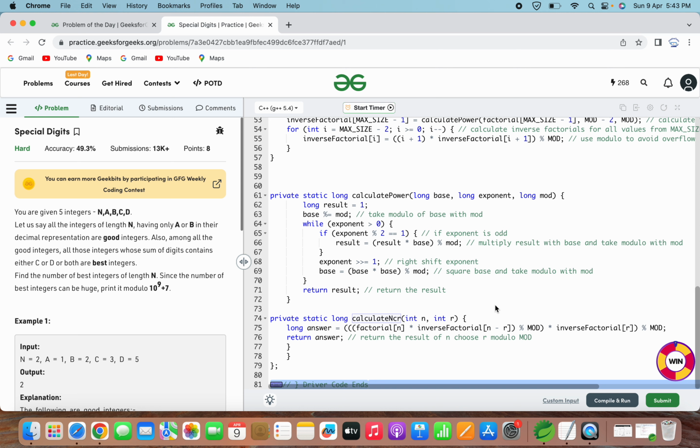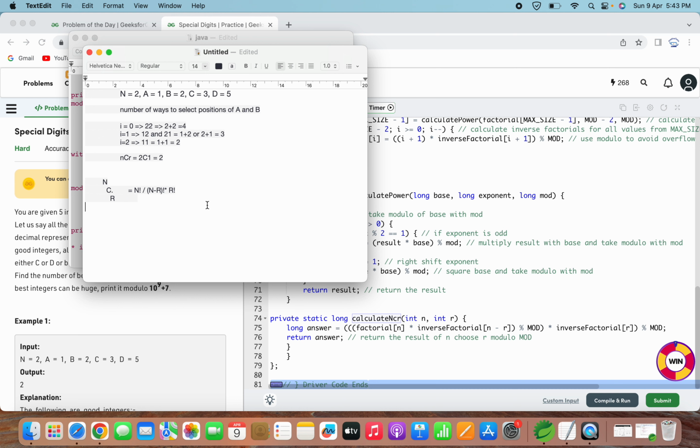Okay, see the funda of inverse factorial here is that when we do factorial of i into inverse factorial of i, that is equal to 1. So here if I try writing that, that means fact of i into inverse fact of i, then it should give 1.